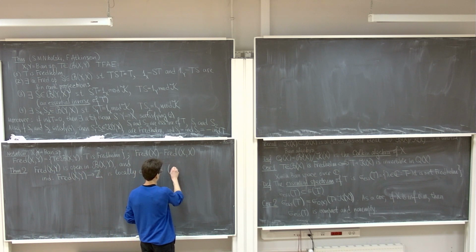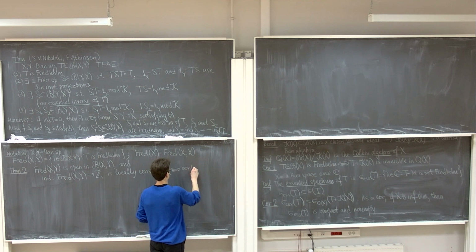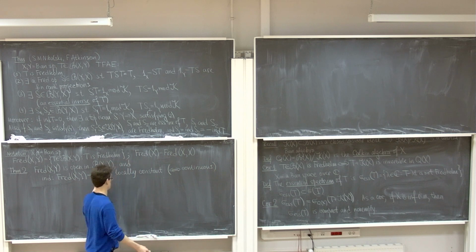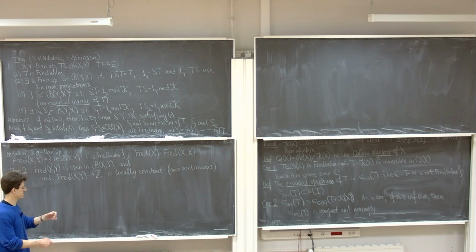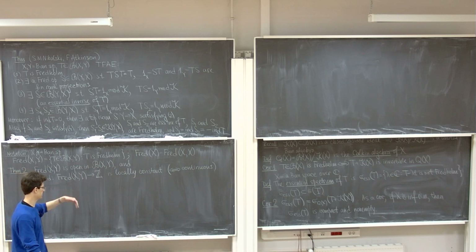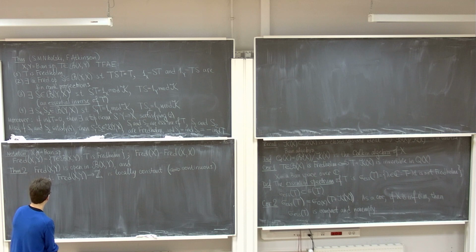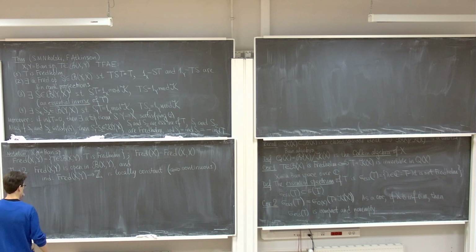Equivalently, we can say that this function is continuous, because Z is discrete. So a function with values in a discrete space is locally constant if and only if it is continuous. Before we prove this theorem, let's recall one more simple fact from the theory of Banach algebras.